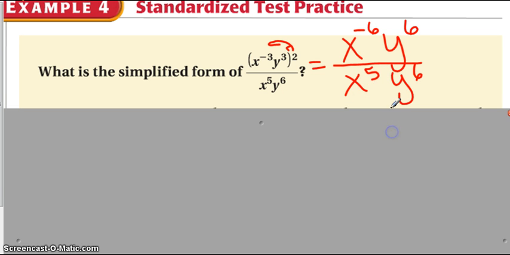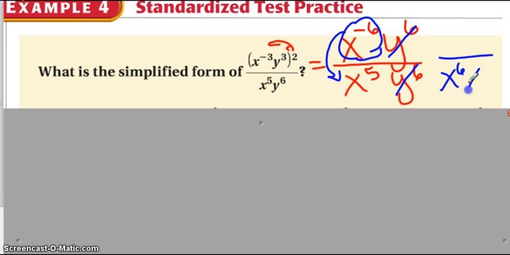This is a good question because notice that the only one that has a negative exponent is your x. That is the only one that's going to get flipped. So the y's cancel. When you flip the x to the negative 6, when you put it on the bottom, notice that there's nothing left on top. You have to put a 1. And then finally you add the exponents, 6 plus 5.